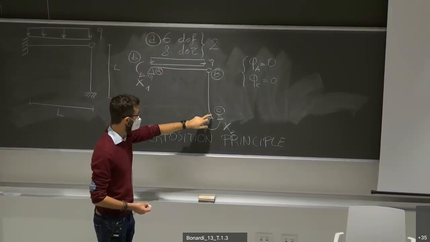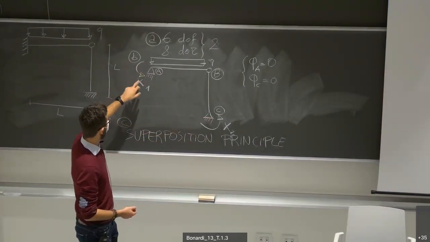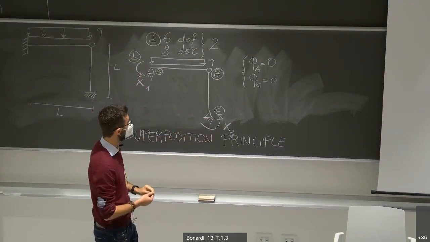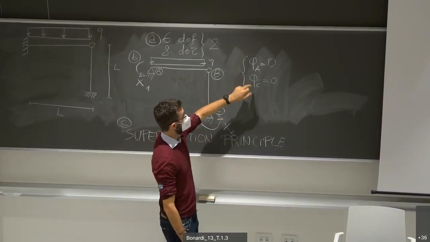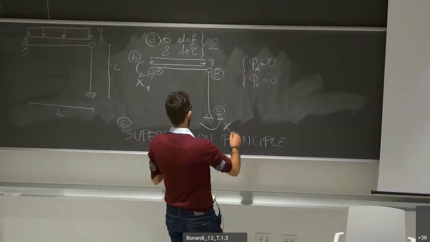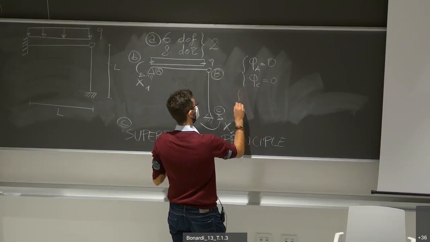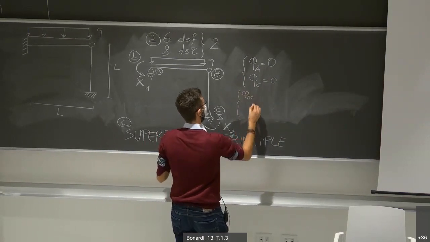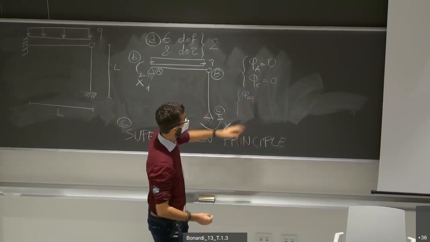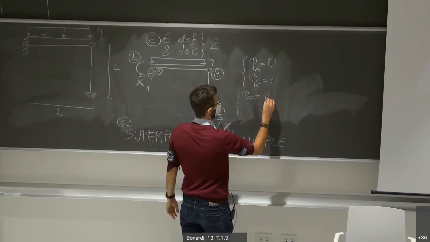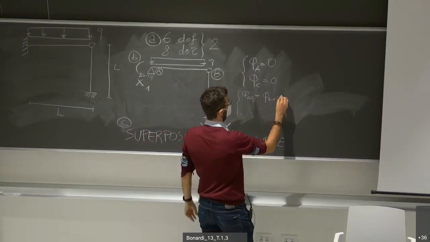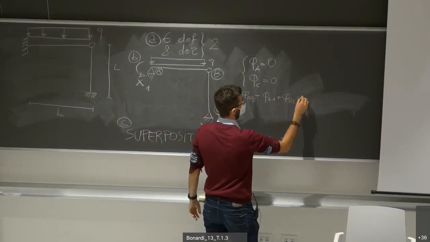We downgrade some restraints. We impose some unknowns, and in this case there are two moments, and then we impose a compatibility equation. Now, if the rotation in A is equal to 0, it means that the contribution of PA due to the external load Q, plus PA is 1, we can call it PA1, plus PA2 has to be equal to 0.